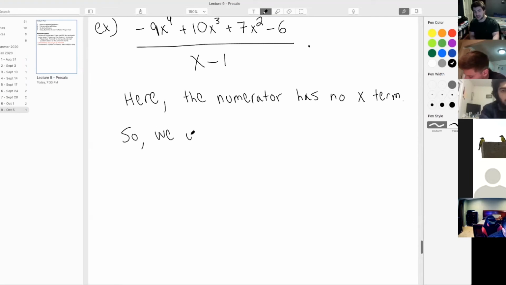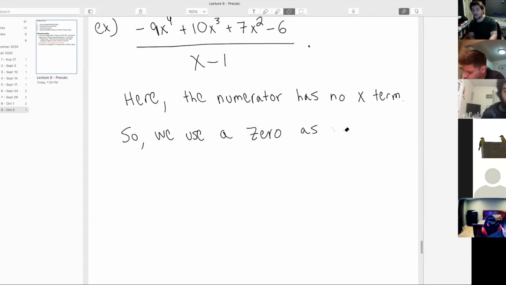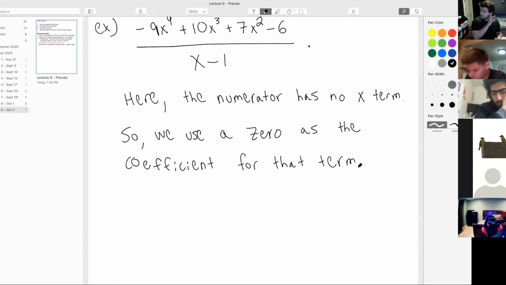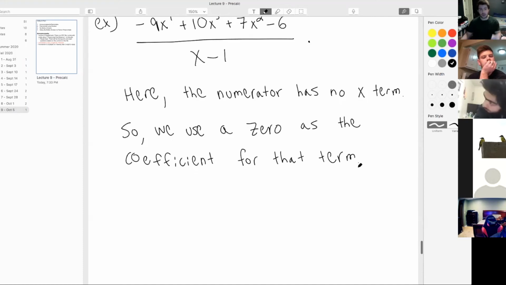So we use a 0 as the coefficient for that term. All right, so just like earlier, when we were missing some powers of x, we had to write 0 as the coefficient.